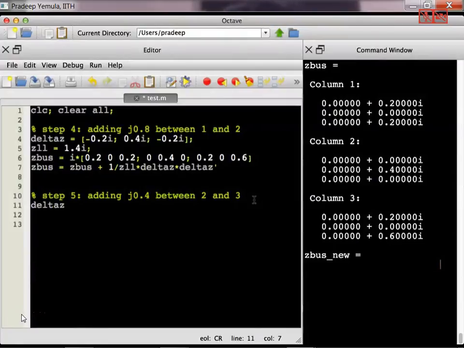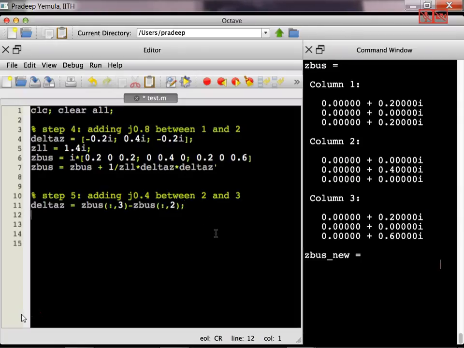So delta Z is nothing but Z bus, all rows third column minus all rows second column. Basically I am taking the subtraction: from the third column I am removing the second column. That is the code that you are seeing on the screen.